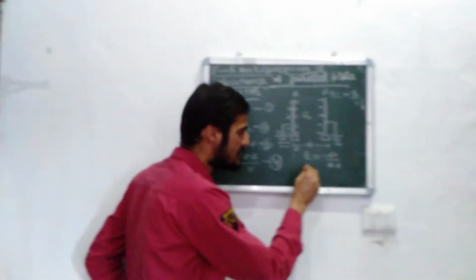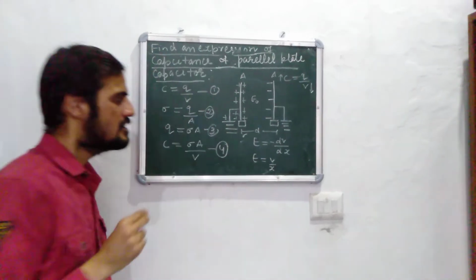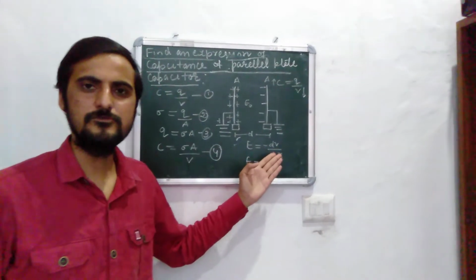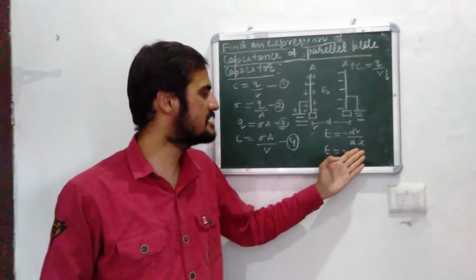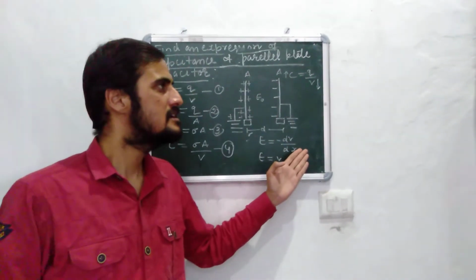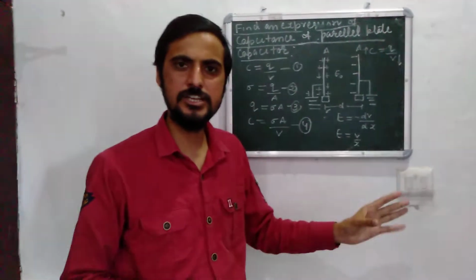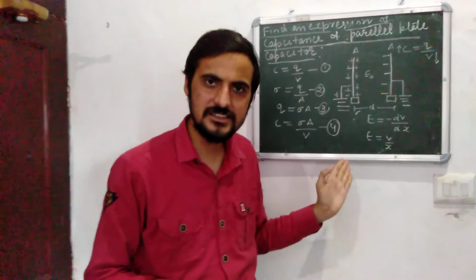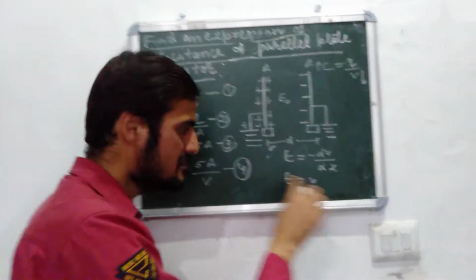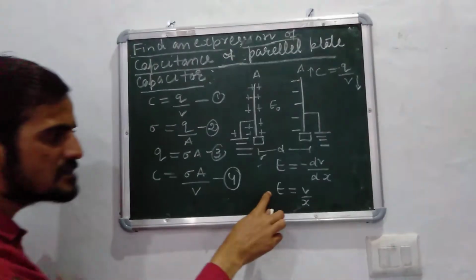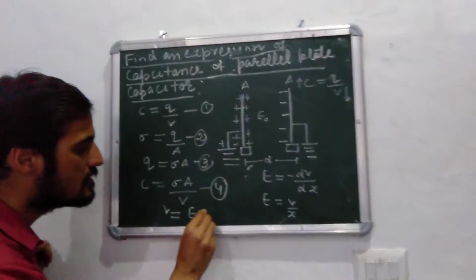This can also be written as E equals V upon x. The negative sign indicates that if we move in the direction of the electric field, the electric potential goes on decreasing. E is equal to V upon x, so V is equal to Ex.